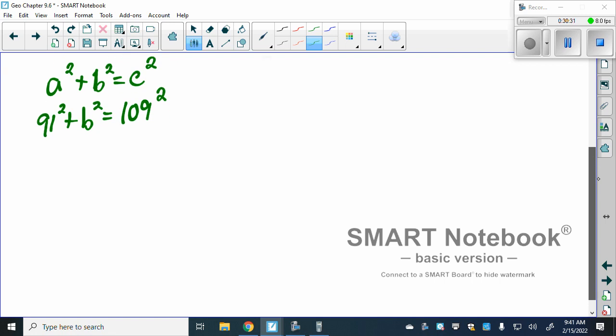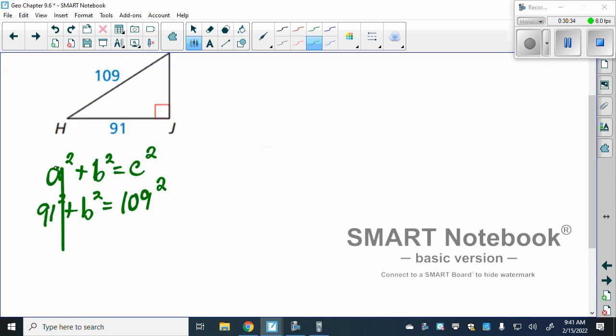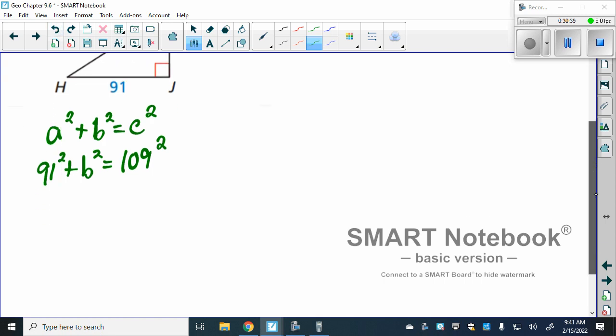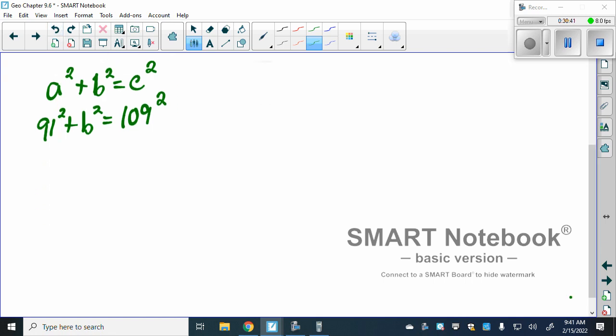Well, we can't just plug it all into the calculator. 8,281 plus b squared is equal to 109 squared, which is 11,881. So we don't necessarily have to, but we can square both of those there and then do what, guys?